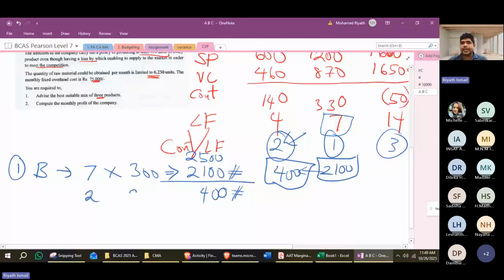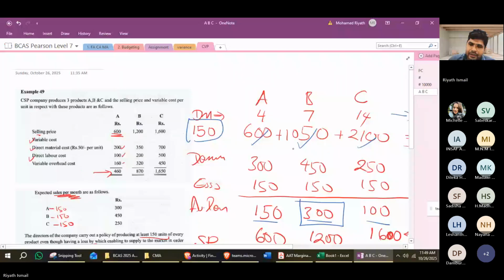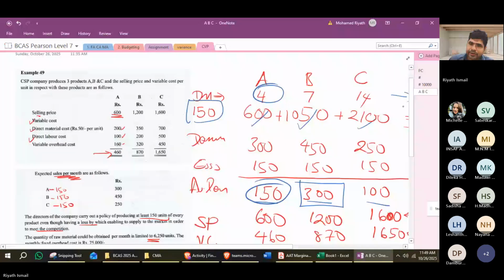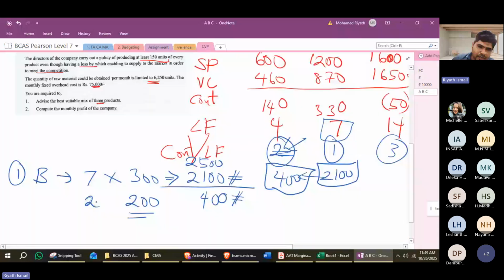Let's see how many demand we have. In the available demand, it's 150. Sorry, right? It requires 4, not 2. Each of A requires 4 hours, so therefore it should be 100, right?